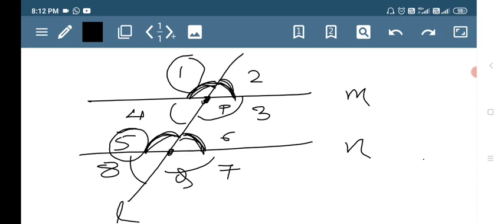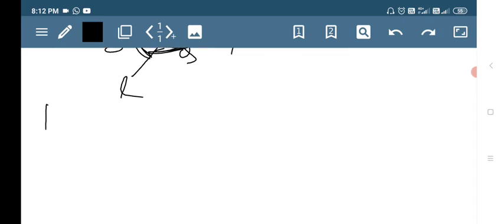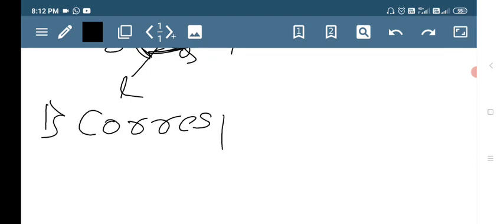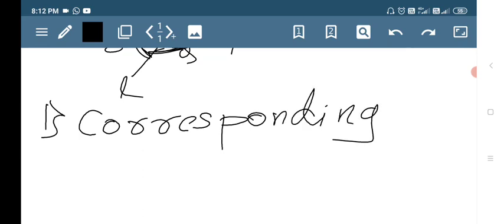Then angle 4 is corresponding to angle 8. Angle 3 is corresponding to angle 7. Got it? So if you list out which angle is corresponding to which other angle in this diagram, we will write them as corresponding angles.